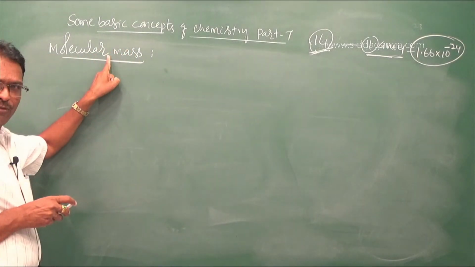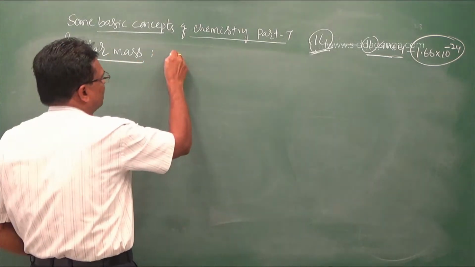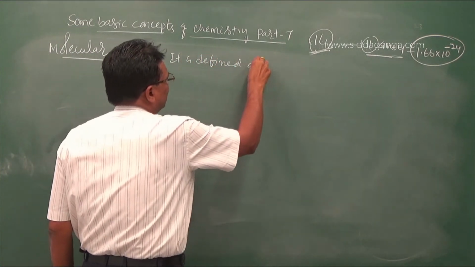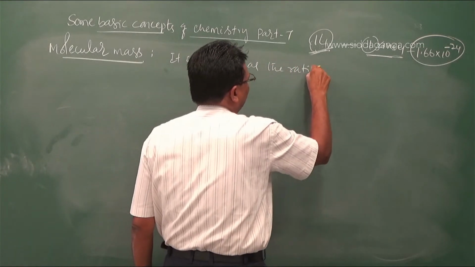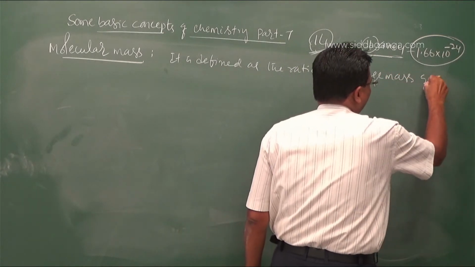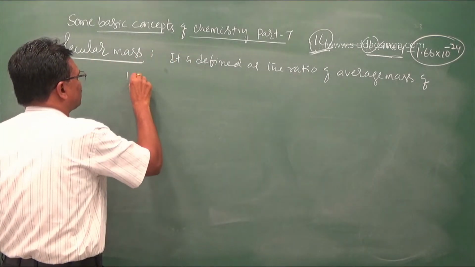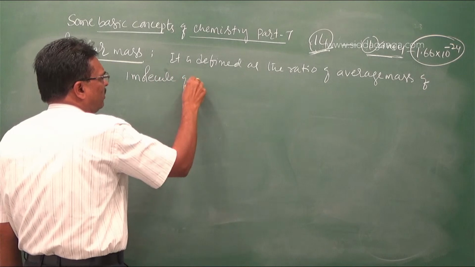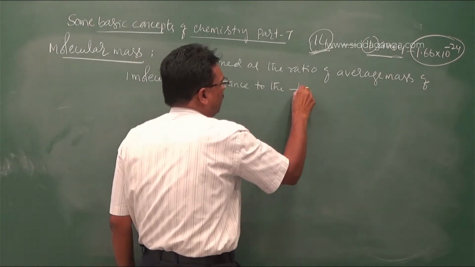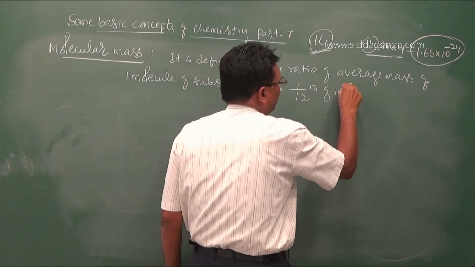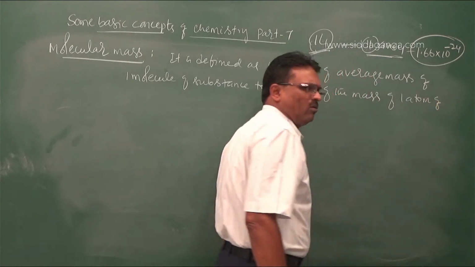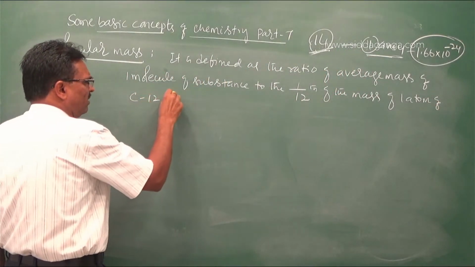Therefore, in the same way, molecular mass of a substance is defined as the ratio of average mass of one molecule of substance to the 1/12 of the mass of one atom of carbon 12 isotope.